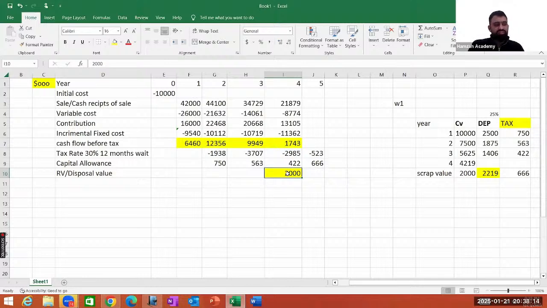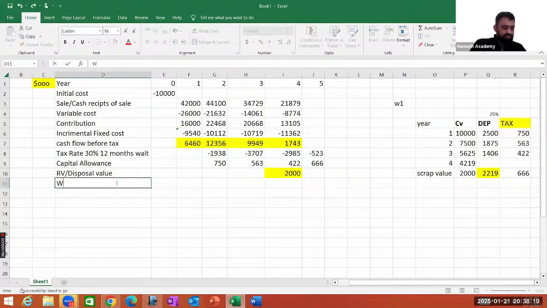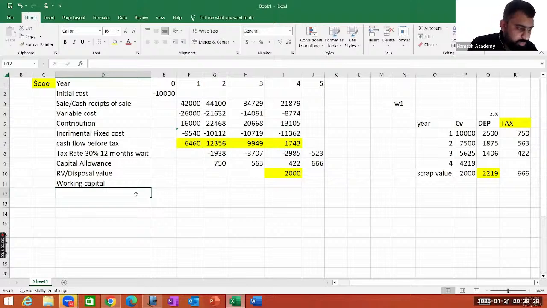Now, after doing all these things, the last adjustment we have to do is about working capital. Working capital adjustment. Working capital means the amount of capital which we need to run the operations of the company, like to support credit sales, to support inventory levels, and to pay the trade payables on time.